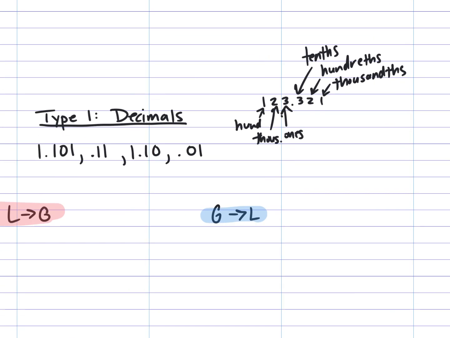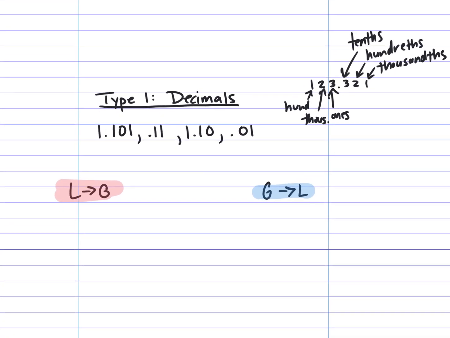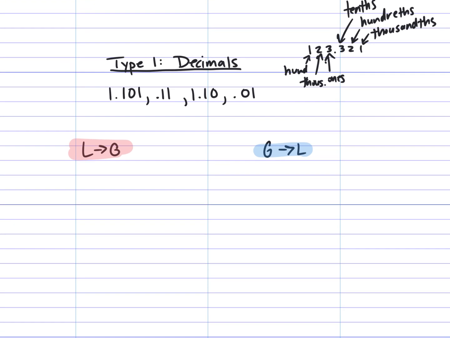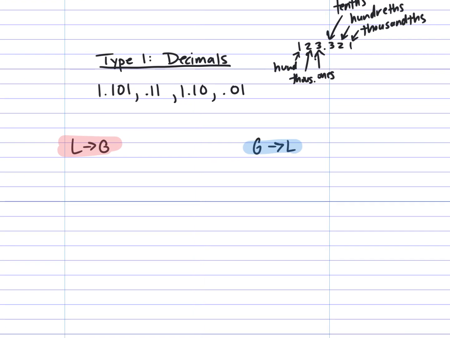So when we're comparing decimals, we're comparing the place values, starting with the largest place on the left. If we're listing these numbers least to greatest, I'm going to start with the smallest place value. These two we already said have a 1 in front, so that's not going to be right. So we have 0.11 and 0.01.